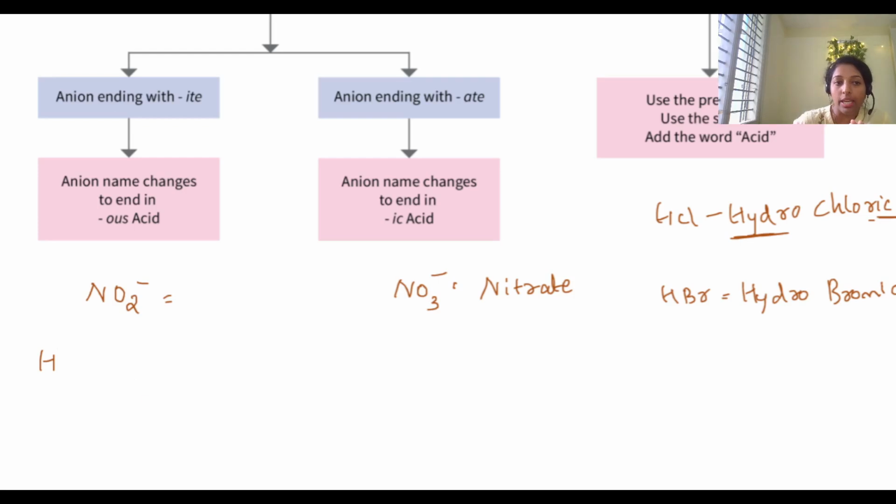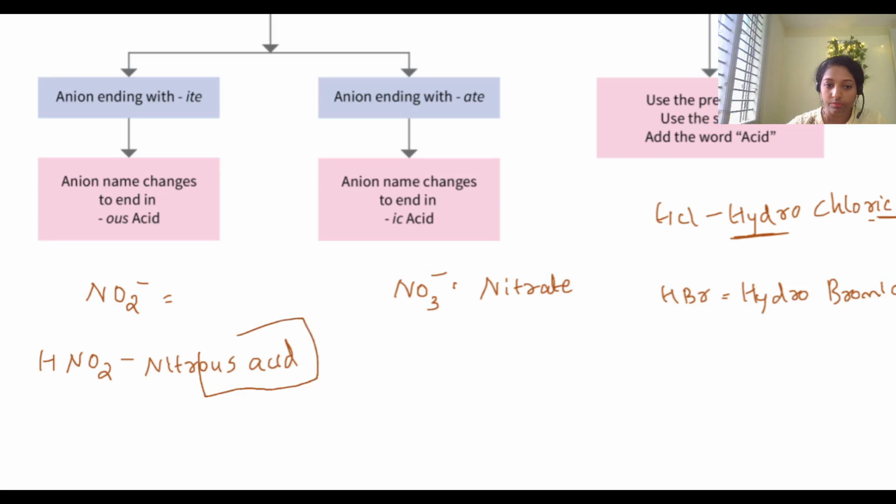If the oxyanion ends with ite, you say ous acid, which means nitrite gives nitrous acid. See, very important, there is no hydro term. Just the oxyanion name with ous acid.